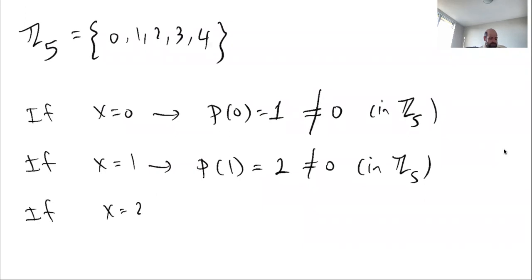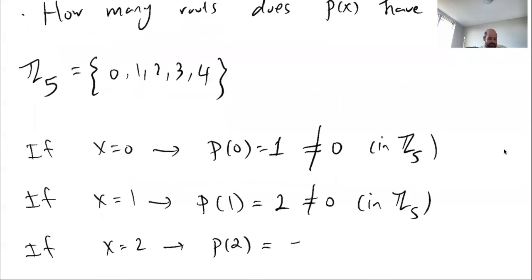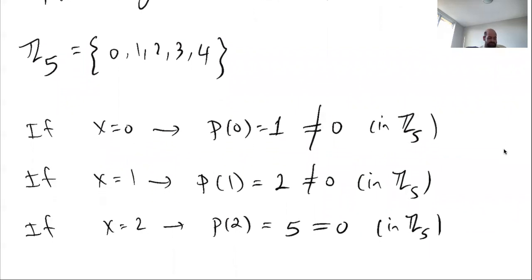If x equals 2, p of 2 is 4 plus 1, which is 5. Is 5 equal to 0 in Z5? In other words, is 5 congruent 0 mod 5? Yes, 5 is congruent 0 mod 5. So that means x equals 2 is a root.